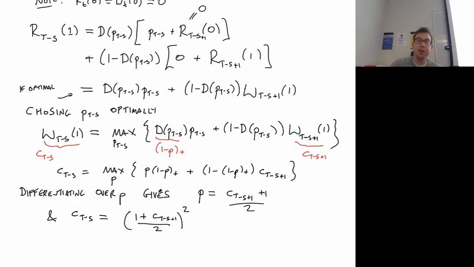So your optimal revenue of one time unit before is sort of the average of 1 and your optimal revenue, and then squared. Okay?